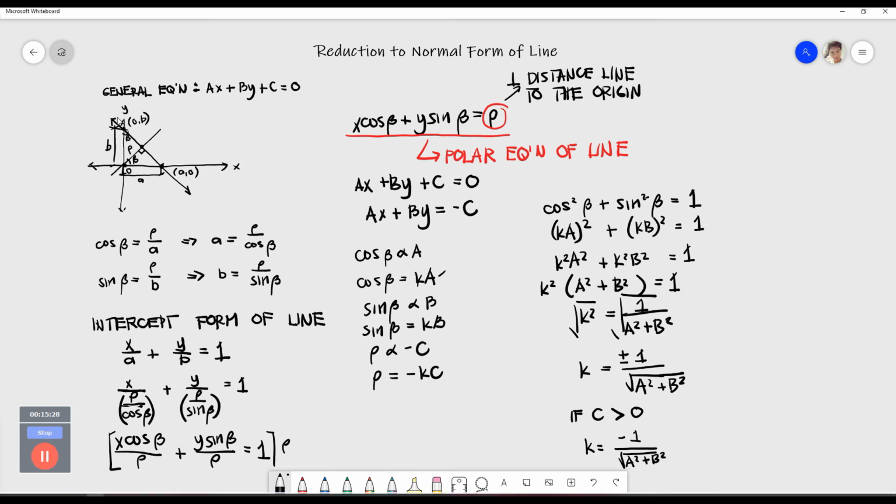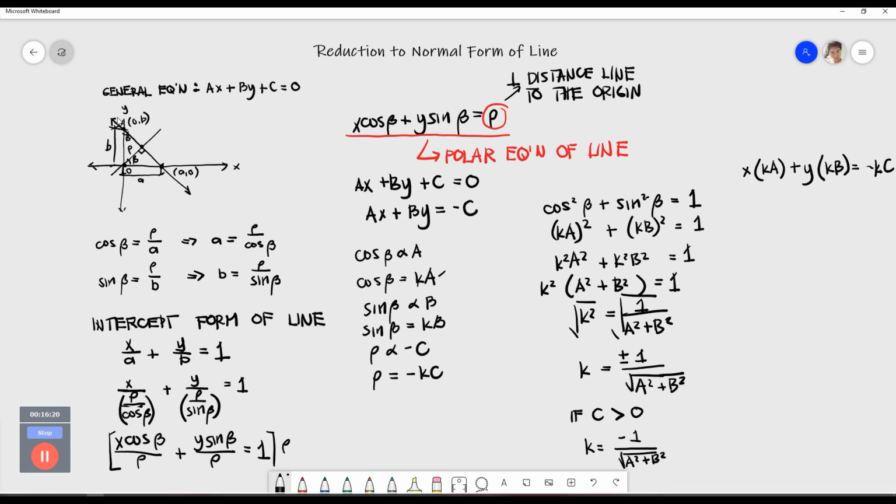We will be using x cosine beta, which is ka, plus y sine beta, which is kb, is equal to rho, which is negative kc.